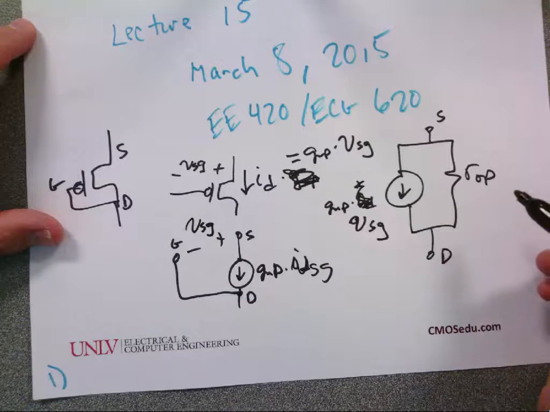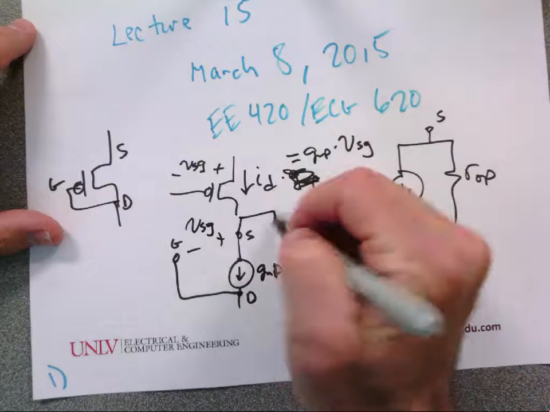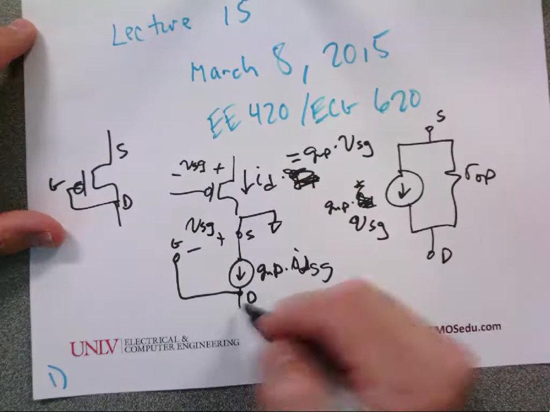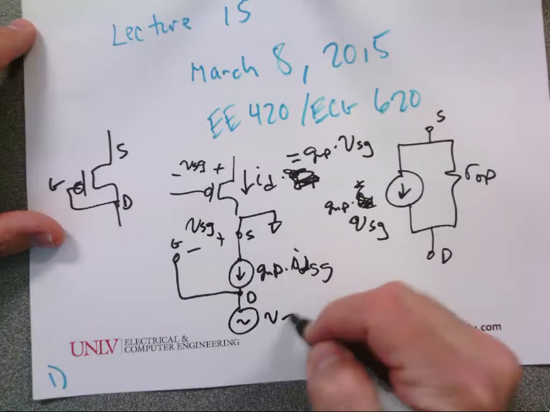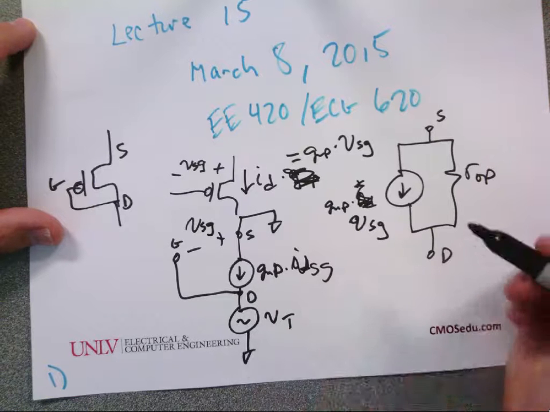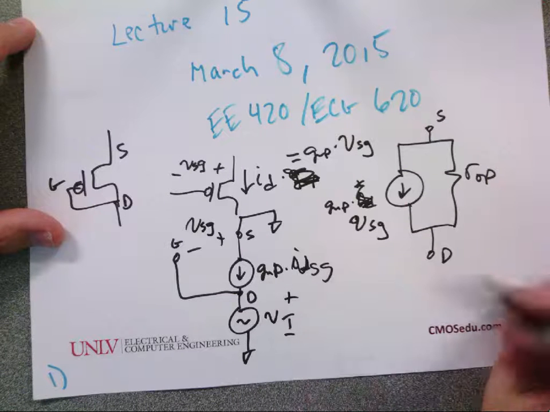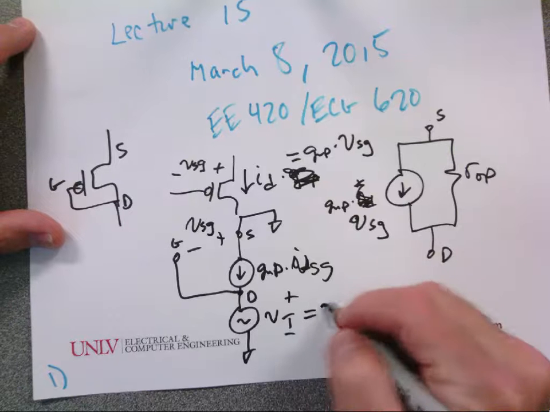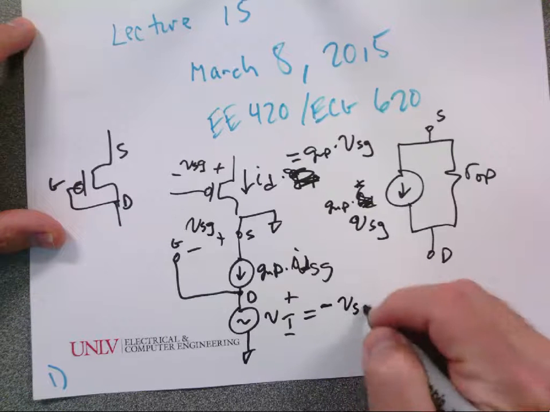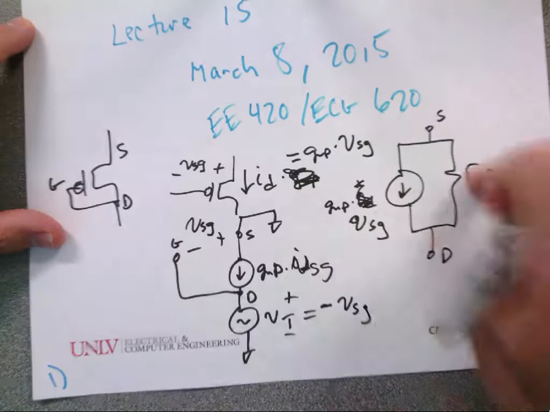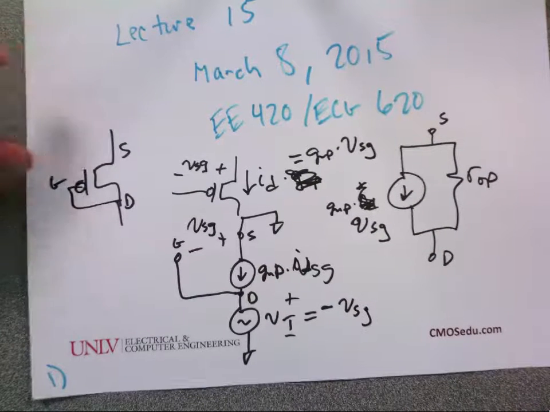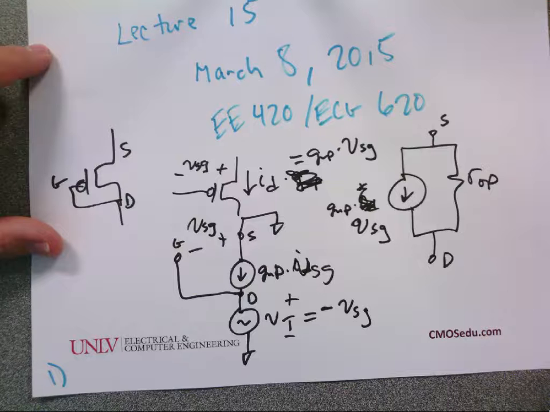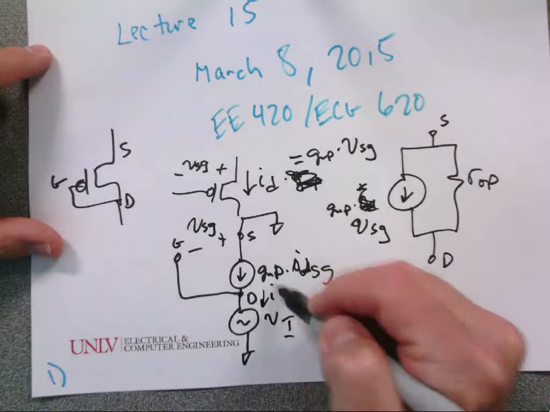All right, so let's say I ground the source here, and then I apply a test voltage, V test. Tell me what VSG is in terms of V test. I don't have a resistor, I'm doing just this part, not the superposition. Okay, so what is I test?